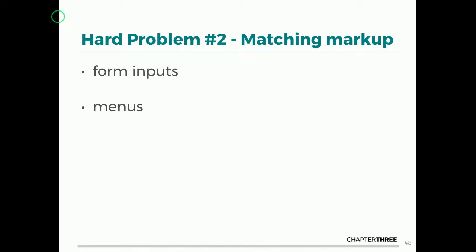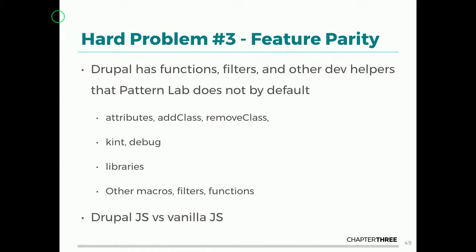Drupal does a lot of logic to generate those menus and a lot of simplification to generate form inputs. Actually, I would encourage you to look at how other pattern libraries solve that if you're doing this for the first time before you jump in. It is not just dead simple, like creating a button style or something like that.